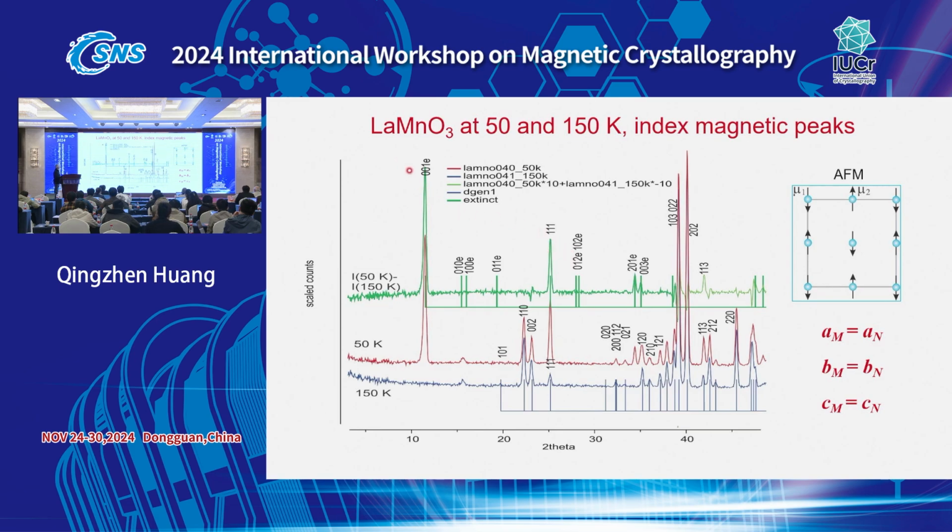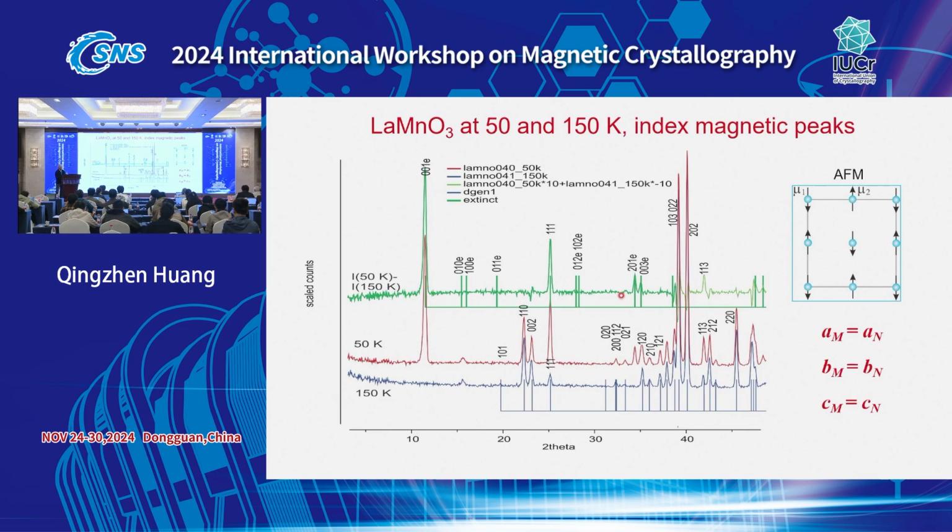And also the index. Those indexes show that the actual peaks for the magnetics all come from the extinction peaks. And the magnetic unit cell is the same as the nuclear unit cell.